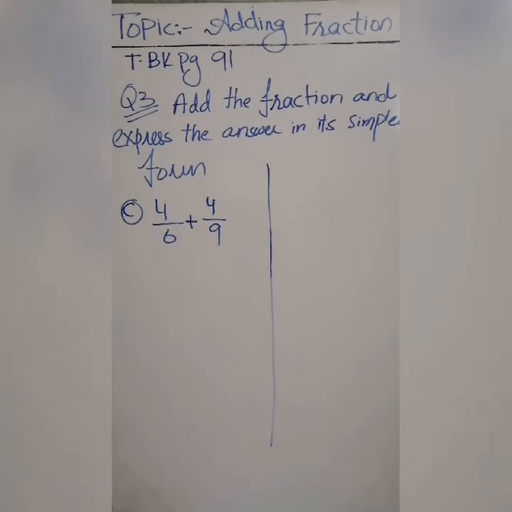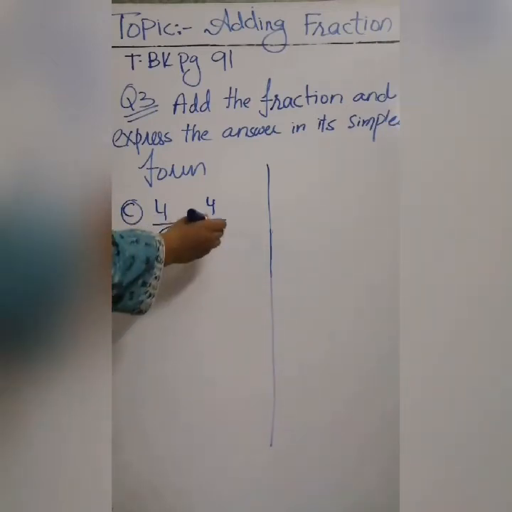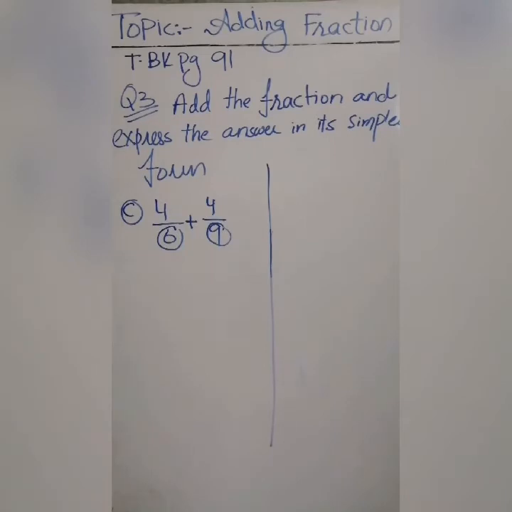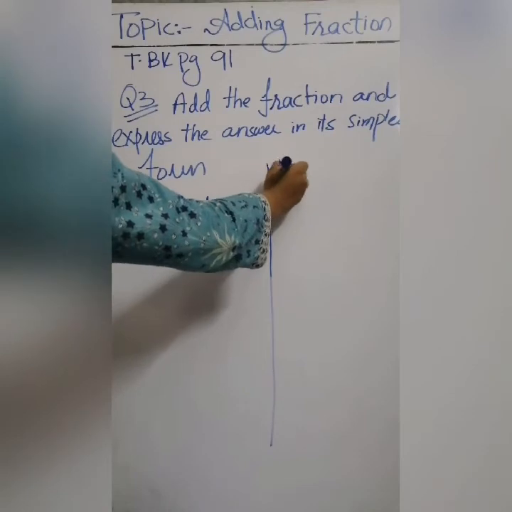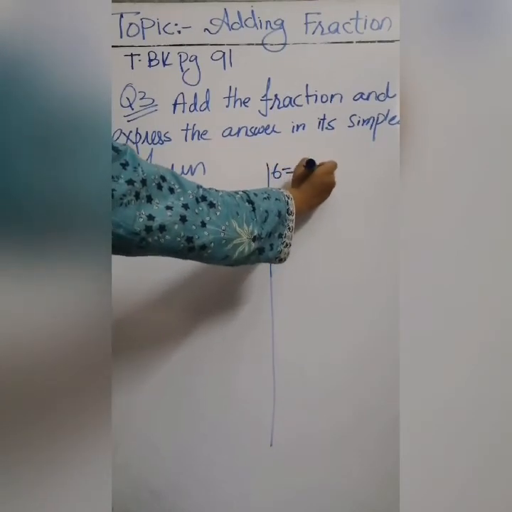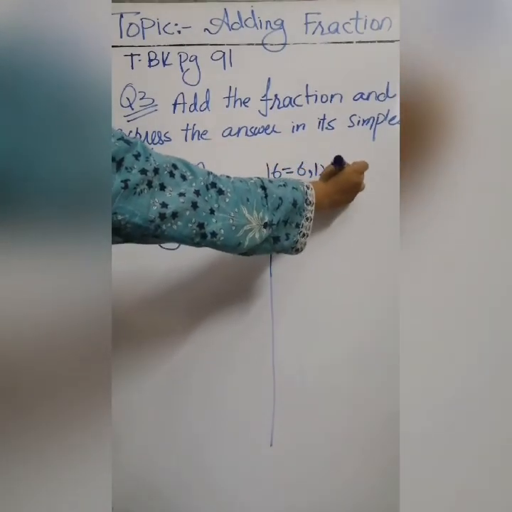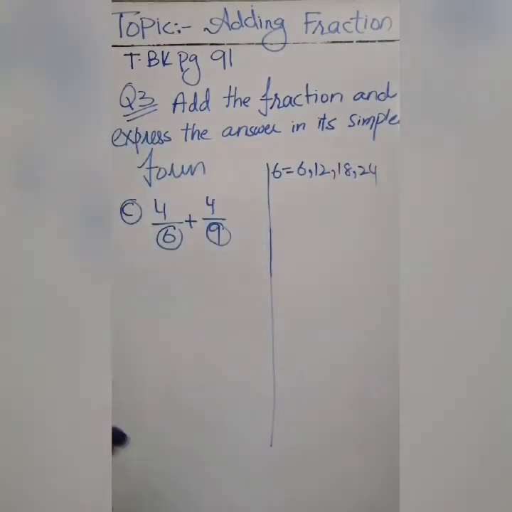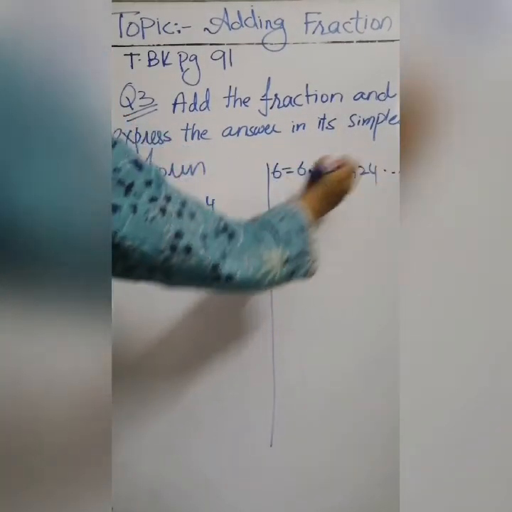Now we have part C. 4 by 6 plus 4 by 9. We have two different denominators. We make these two denominators the same by taking the LCM of these two denominators. We write the multiples of 6 and so on.